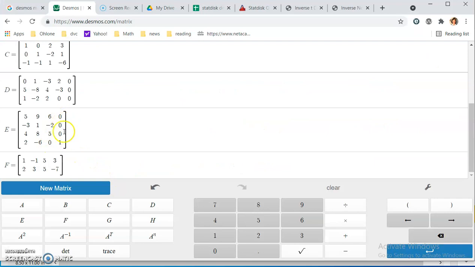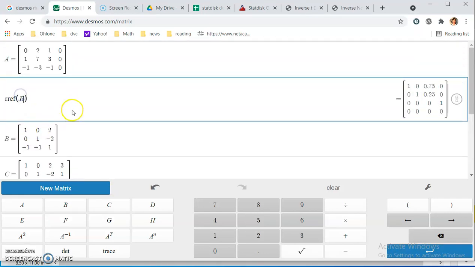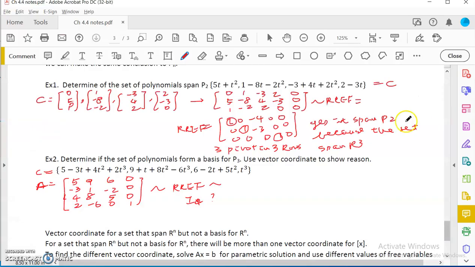Yeah. So I just need to do a reduced echelon of E, right? Oh, the reduced echelon of E does not produce an identity matrix. So it's not I4. So this is not a basis. The vectors are not independent.